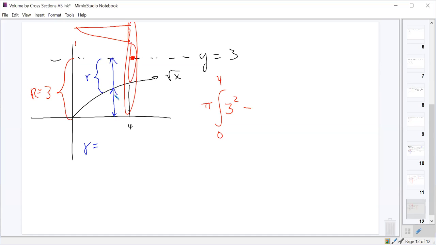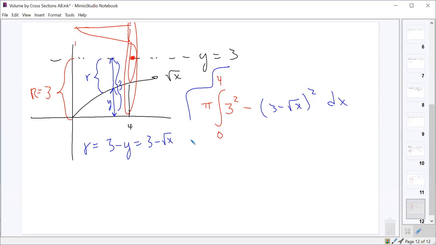This piece of it right here is y. So it should be 3 minus y, or 3 minus root x. And we got to square that dx. Good or no? It's good.